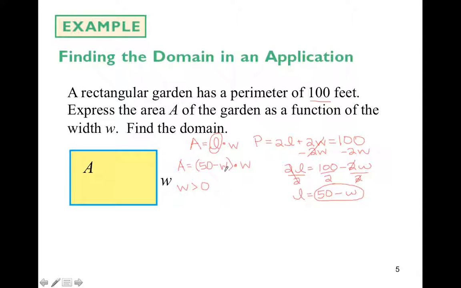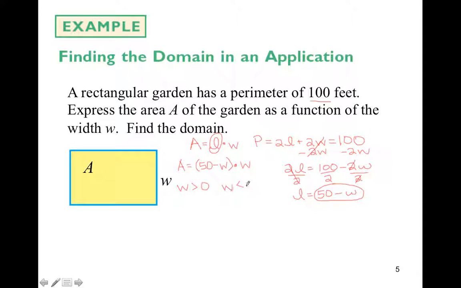If I start plugging in positive numbers greater than 0, what happens if I plug in 50? Well, then this becomes 50 minus 50, and this term goes to 0, so this would be 0 times W, and that would give me an area of 0, which also doesn't make sense. So I want to make sure that this W is also less than 50, so that this factor will not go to 0.